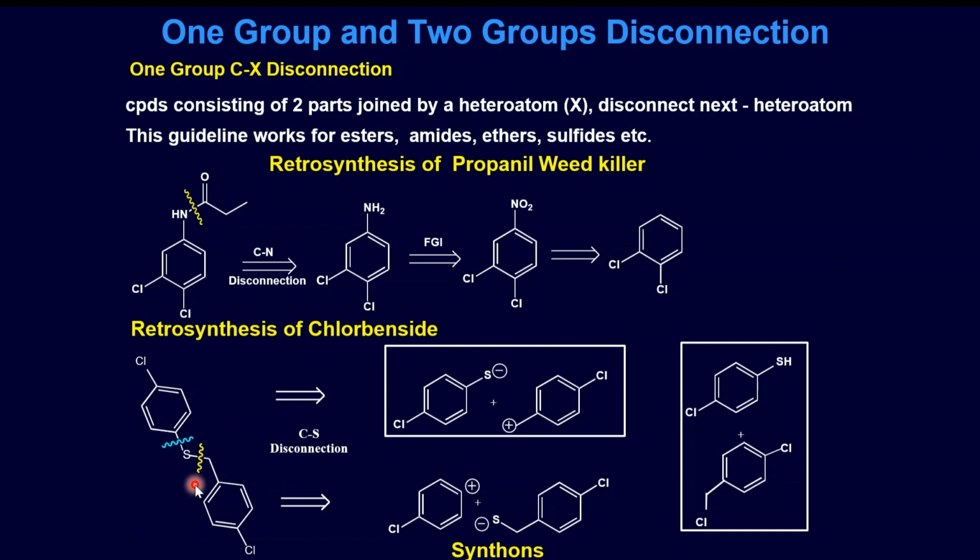Whenever any molecule has two parts and is connected through a heteroatom, we disconnect at the CX junction, such that we get the two synthons, and the synthon reagents responsible for those synthons are selected and are taken into consideration for reaction.